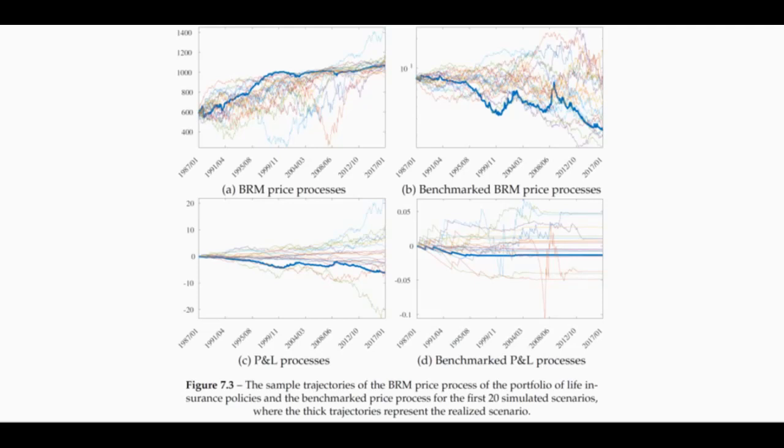So here the P&L process being negative means that the portfolio of life insurance policies loses money over time, which means the insurance company makes a gain.